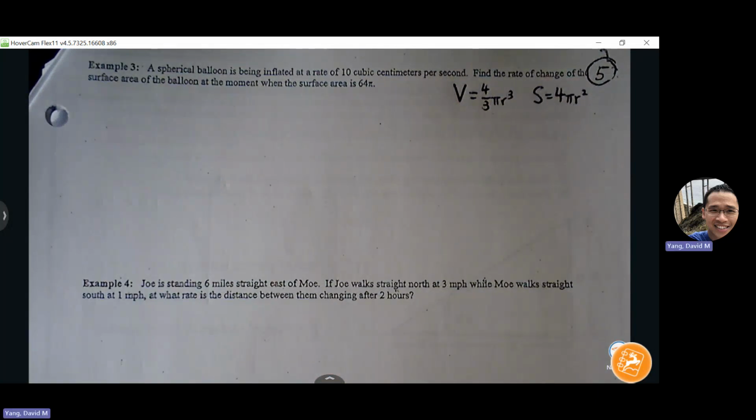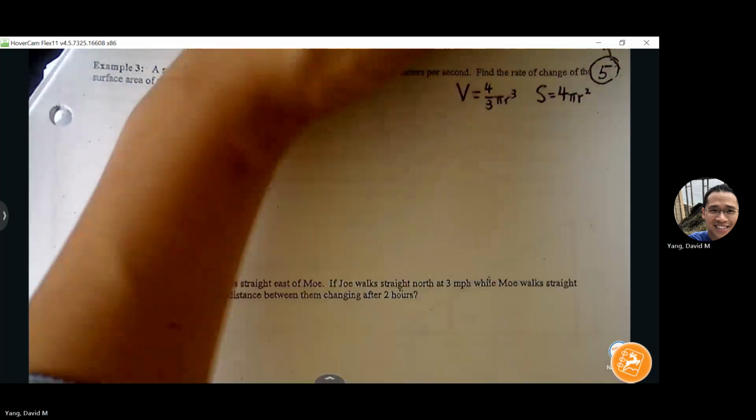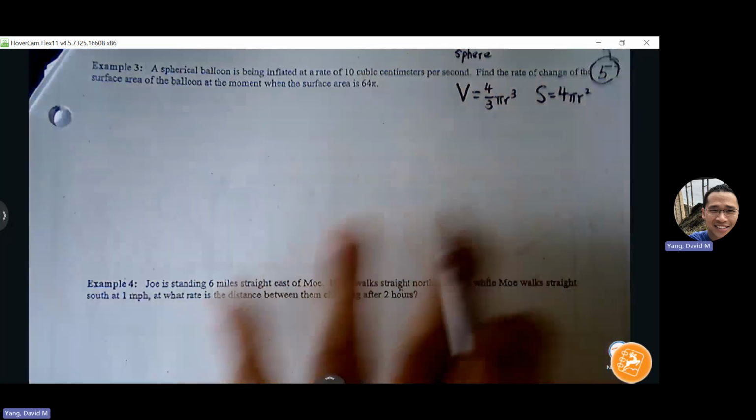Same thing on the AP exam, they'll give these formulas to you if a problem involves them. This is the volume and surface area of a sphere.